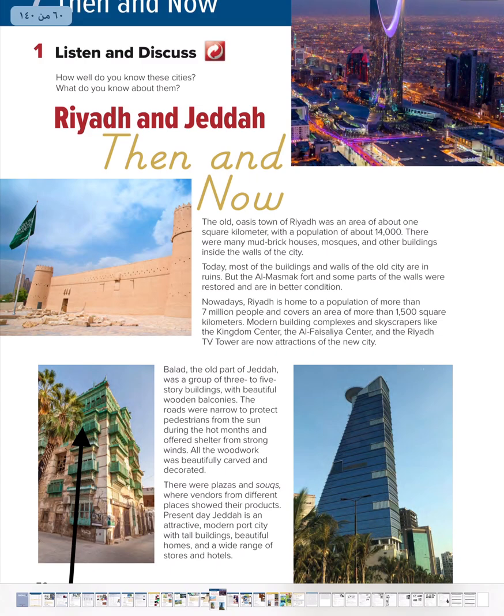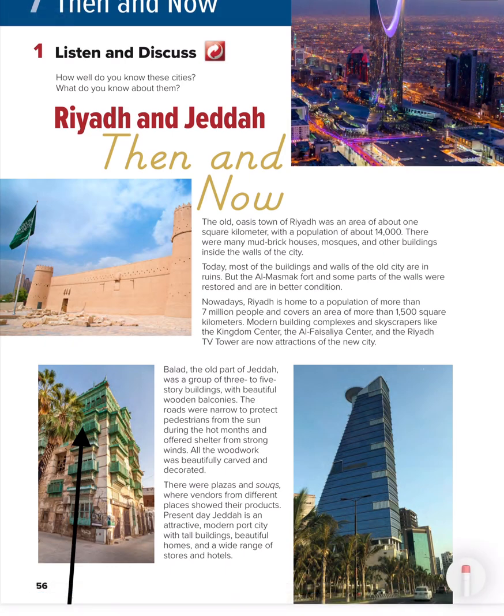Unit 7. Then and now. Pages 56 and 57. 1. Listen and discuss. Riyadh and Jeddah. Then and now. The old oasis town of Riyadh was an area of about 1 square kilometer, with a population of about 14,000. There were many mud brick houses, mosques, and other buildings inside the walls of the city.